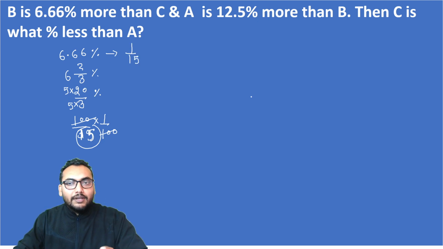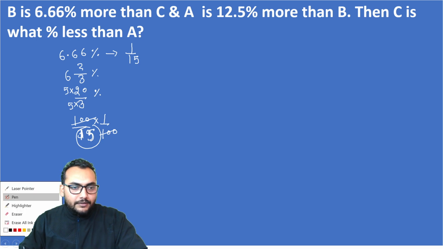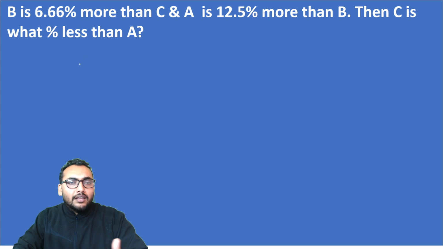So here the question was that B is 6.66% more than C. 6.66% is basically 1 upon 15.